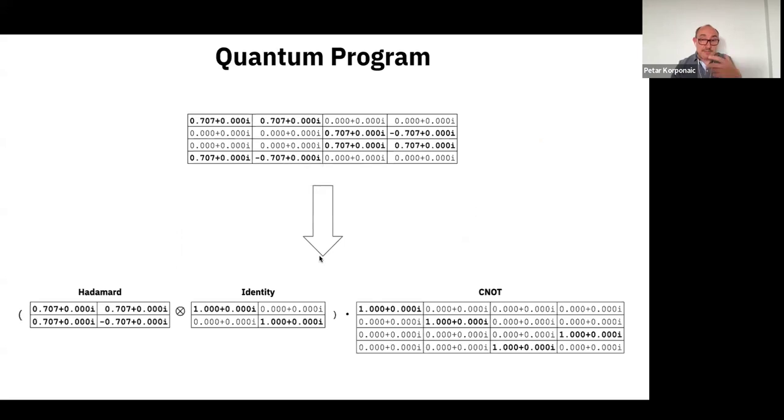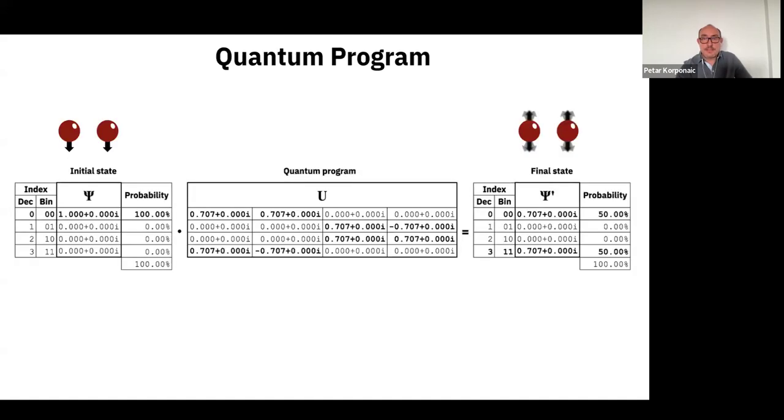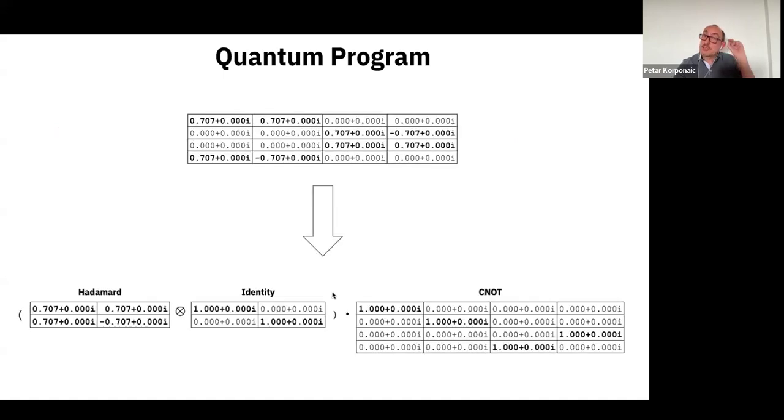And now this quantum program from this example is some matrix, but quantum computer cannot execute arbitrary matrix. So quantum computer cannot perform any operation, any matrix, because quantum computer actually has instruction set. And what is instruction set of quantum computer?